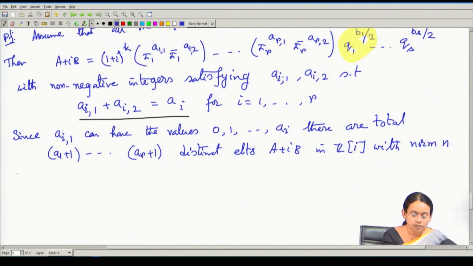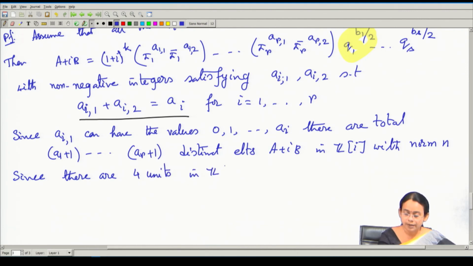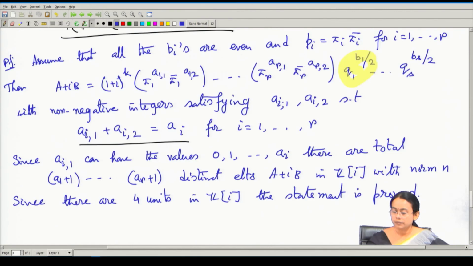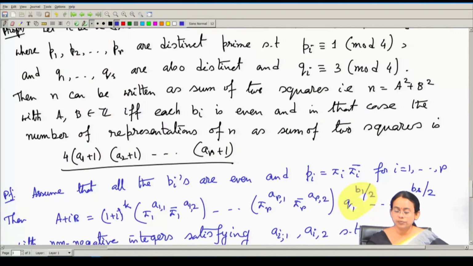So, since there are 4 units in Z[i], the statement is proved. I am able to prove that we will actually have this many choices for a plus ib such that the norm of a plus ib will be equal to n.